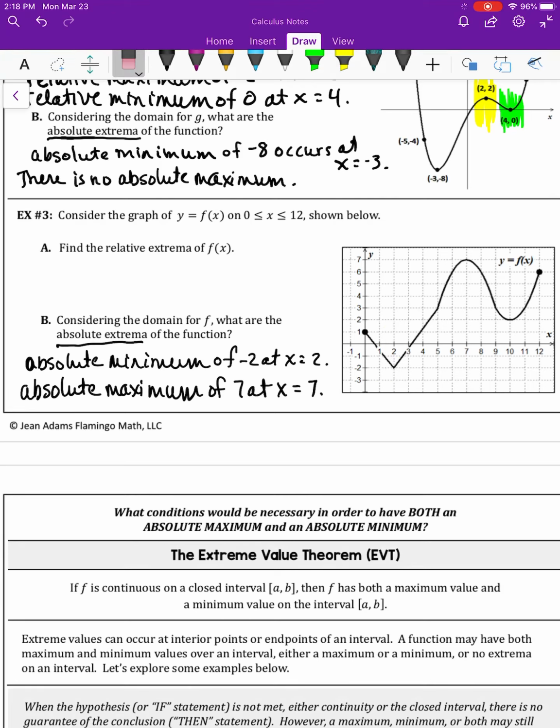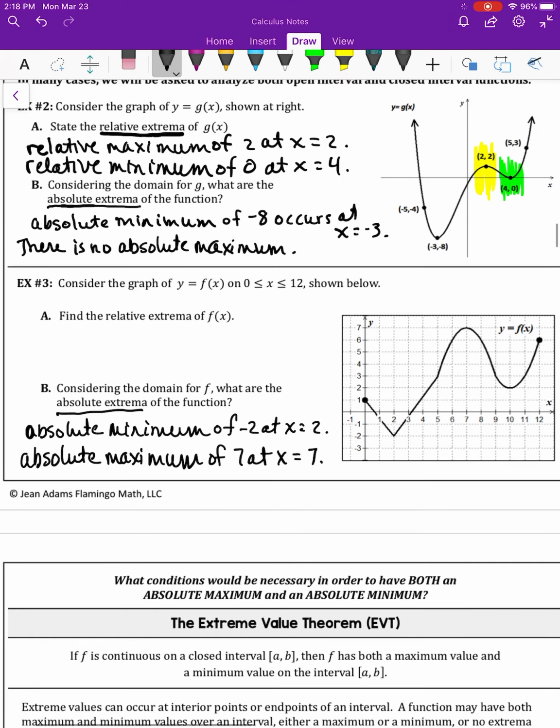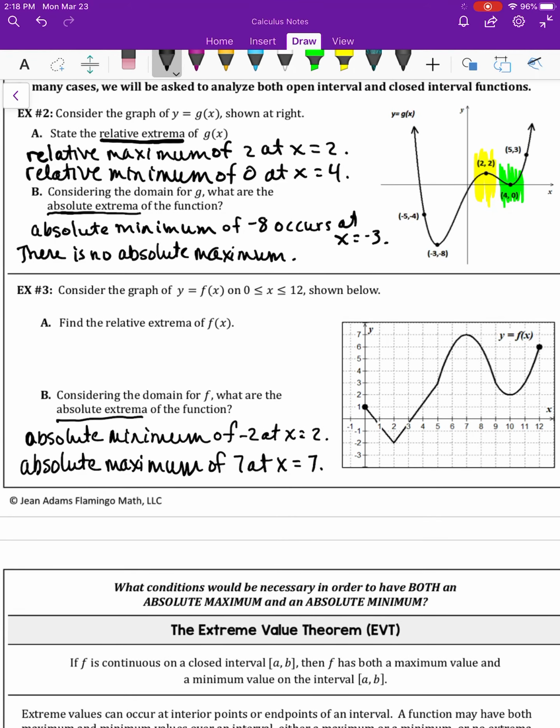So it can be considered relative, but we're going to be more specific, and say it's absolute. It's like a square and a rectangle. A square is a rectangle, but it's a specific type of rectangle.